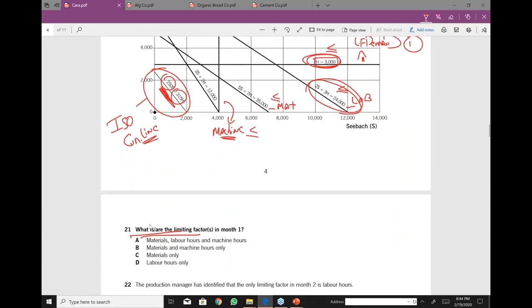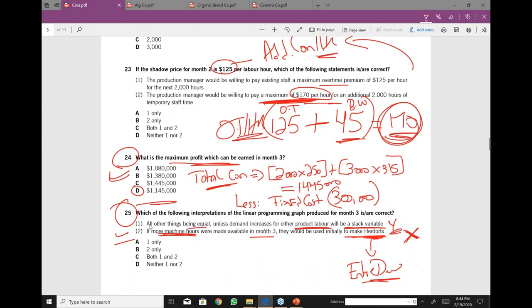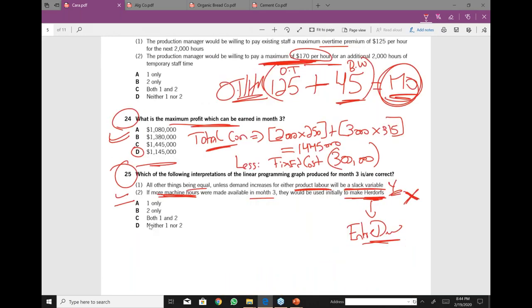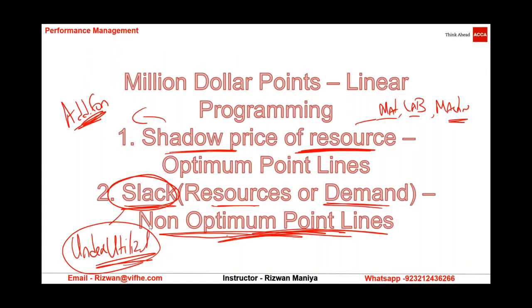Okay, so I hope this is clear to all of you. The correct option is now quite evident, and you will be selecting it easily. One is the right statement, second is the wrong statement. And remember my $1 million technique that I told you, this is how you will find out the shadow price and slack.